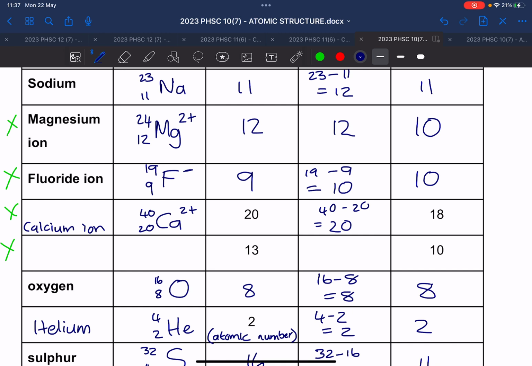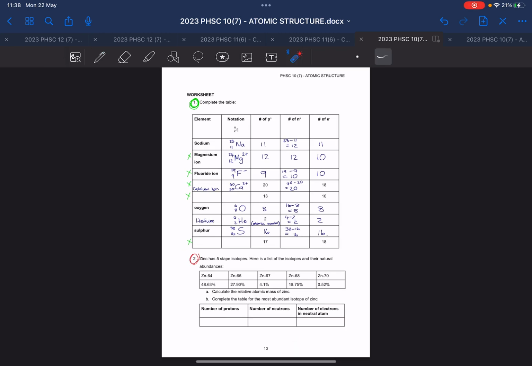Next one, again, they only give you numbers. With which element are we busy with? Did you answer? No, someone else answered for you. Is it a question or an answer? I don't want an answer.